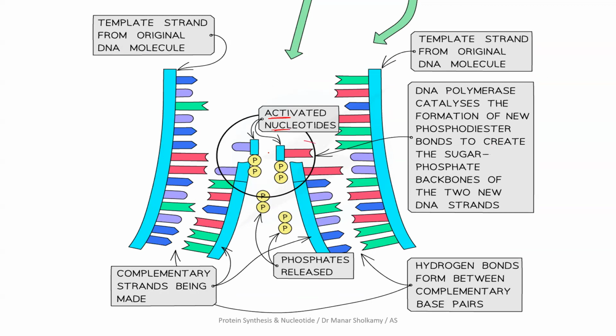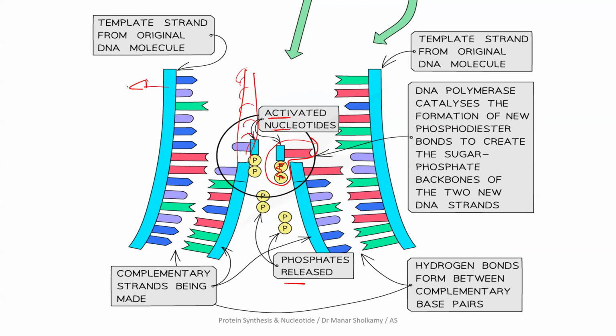How did I know? Because I can see the nucleotide with two phosphate groups. These phosphate groups will be released. They will be broken down. Who will break them down? Just like Adham said, the DNA polymerase. As they are released, this will give us energy. And this energy will be used to bind the new nucleotides together, generate the phosphodiester bond, and the sugar phosphate backbone of the new strand.